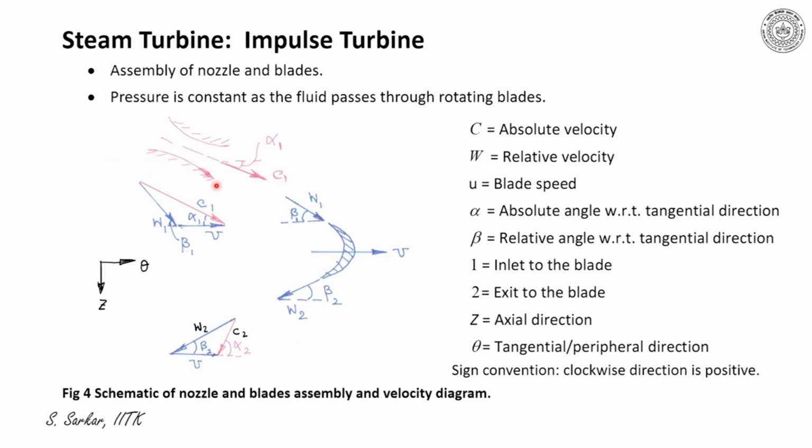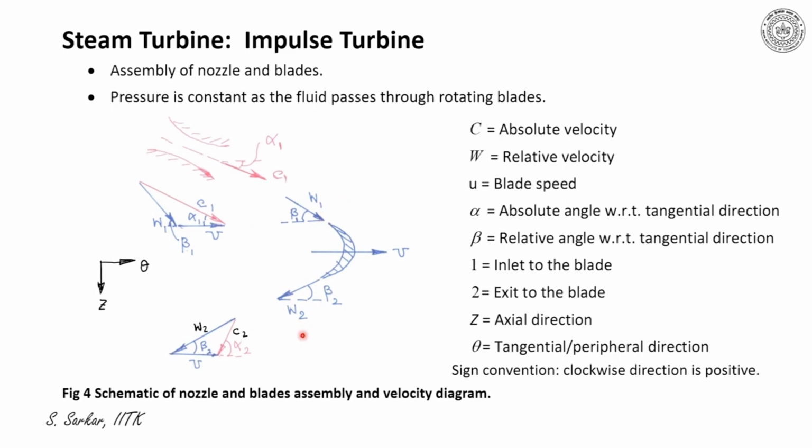The nozzle is drawn with respect to the reading, while the rotating blade is presented by the blue one. Please note that C1 is the velocity of fluid at the exit from the nozzle that makes an angle alpha 1 with respect to tangential direction.